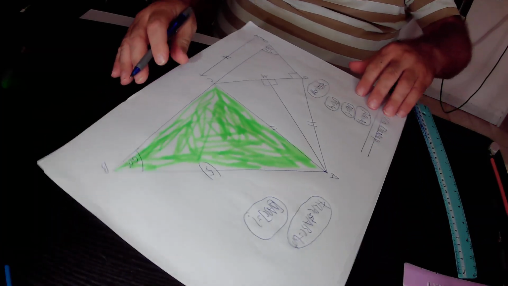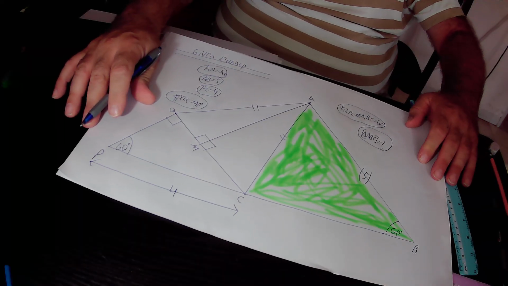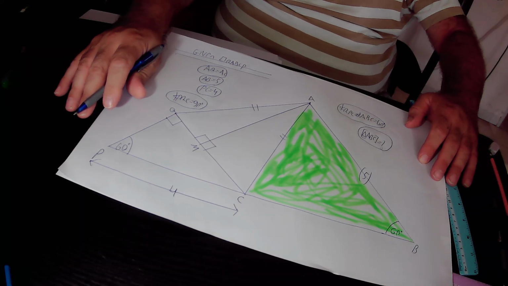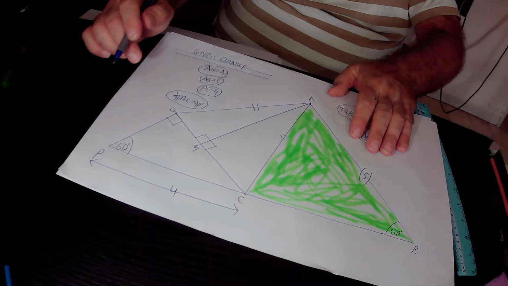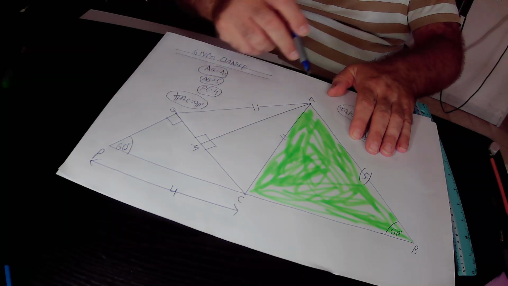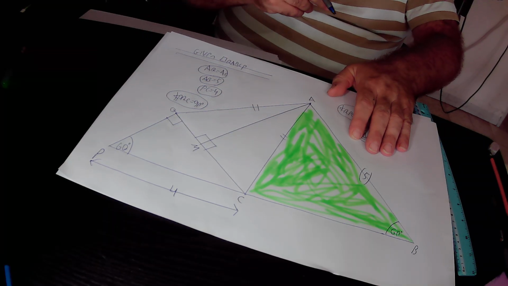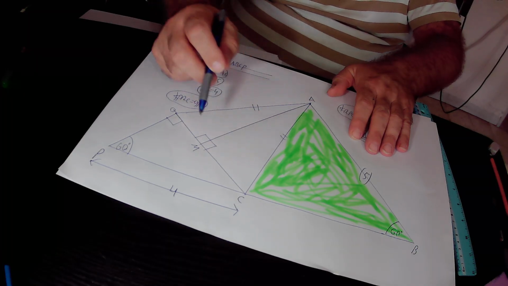We have the rule that says that the perpendicular to the base of an isosceles triangle bisects the base. So according to the rule that I mentioned, the perpendicular AM to the base QC bisects the base QC. That is to say, the perpendicular AM divides the base QC into two halves.